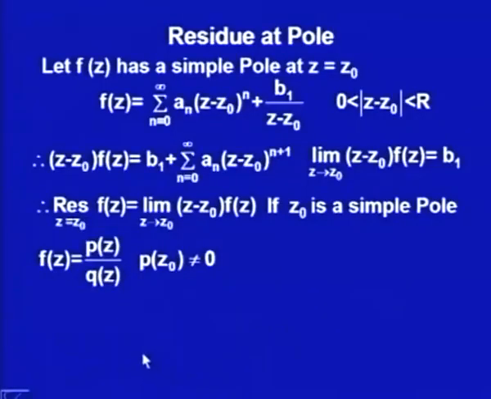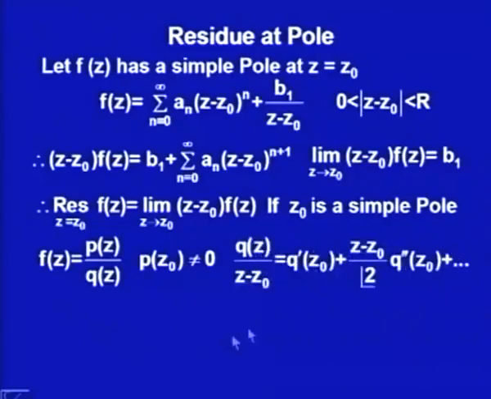If this is happening, then because q(z) is having a 0 at z naught, I could write q(z) as q(z naught) plus (z minus z naught) times q dash z, that is your Taylor's expansion. Since z naught is a 0 of q, so q(z naught) would be 0.